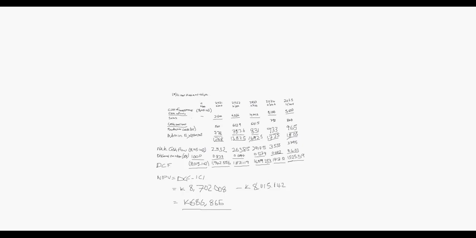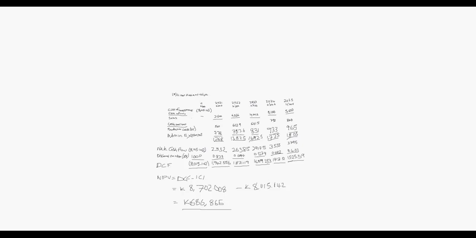The idea is to know whether the NPV is positive or negative. How do you know? If the cost of investment is more than the discounted net cash flows, then the figure is negative, of course, and we know that the project is not viable.